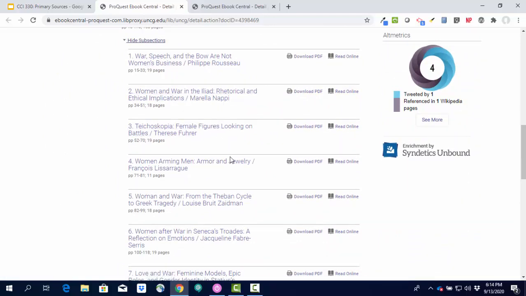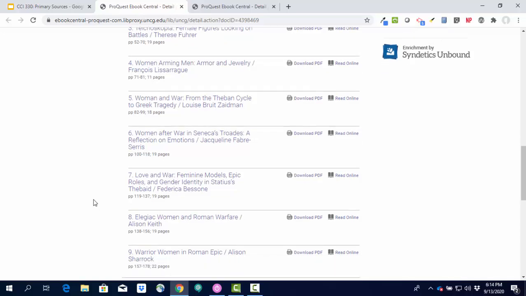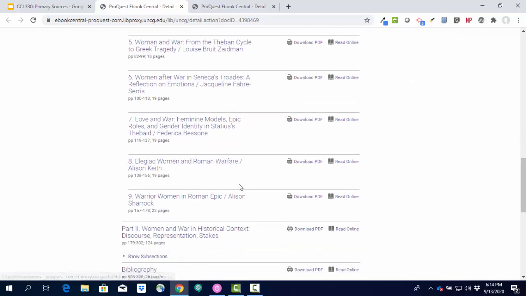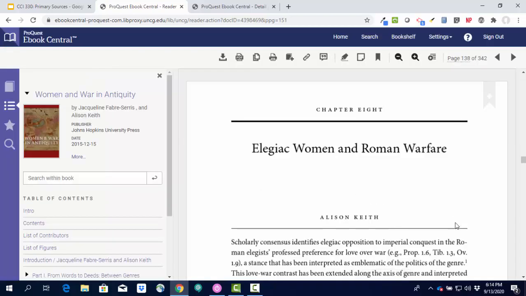So it's essentially a collection of standalone book chapter sources, which means that it's not necessarily meant to be read in a single linear narrative. I may only need this one chapter, and that would stand alone for me as a scholarly book chapter source.